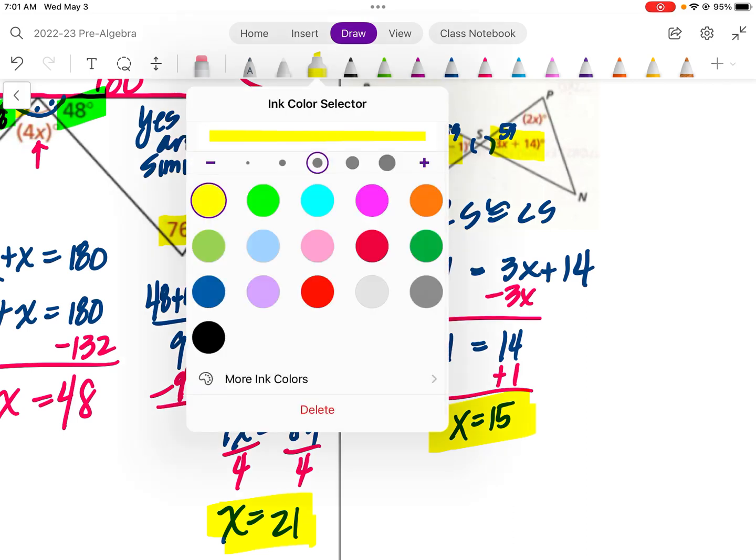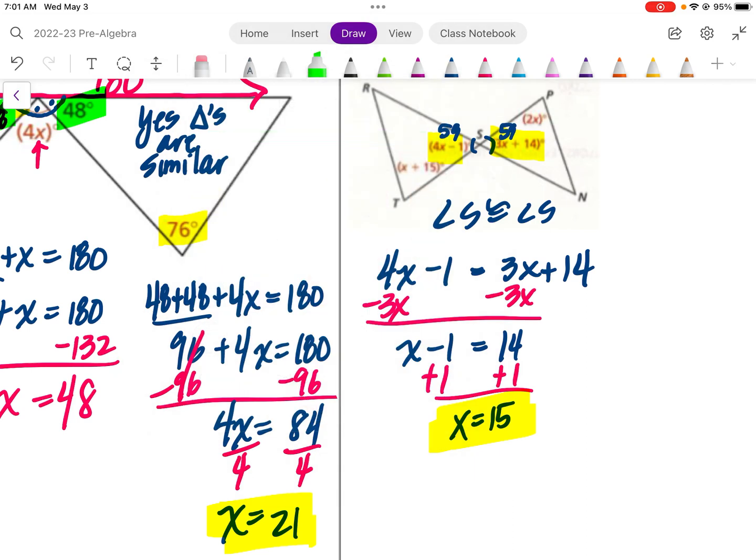Now I'm going to go to the two angles here and here. So angle T and angle P. Angle T, 15 plus 15 is 30, so this is a 30-degree angle. And angle P, 2 times 15 is also 30.